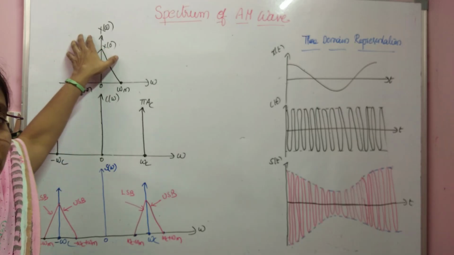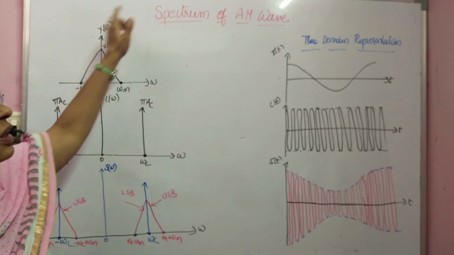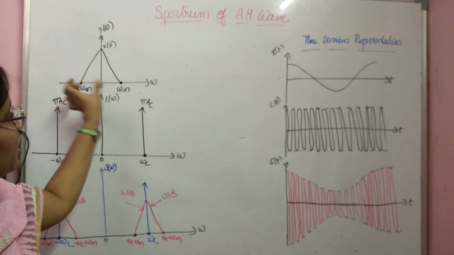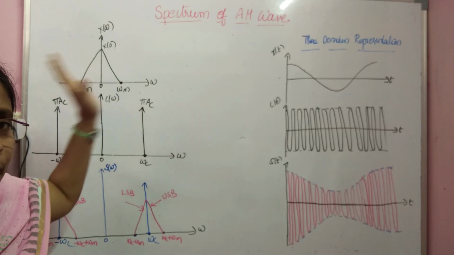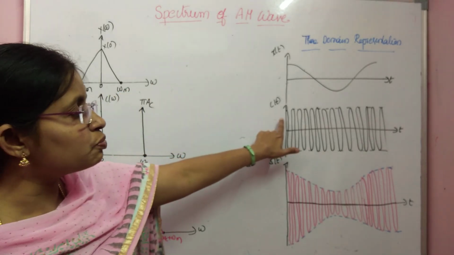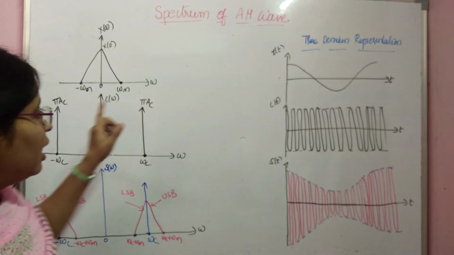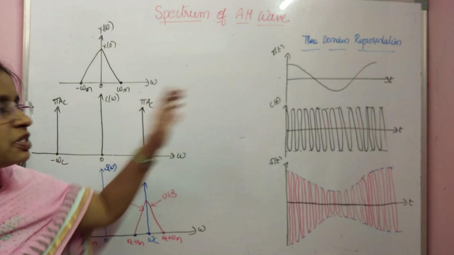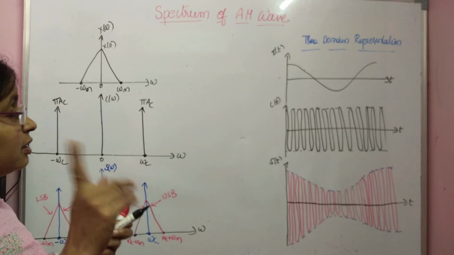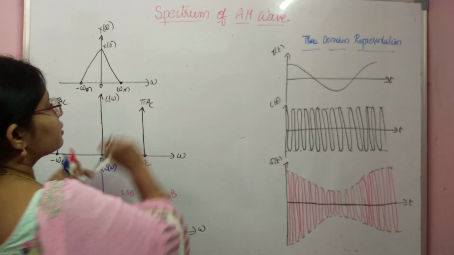So this is the Fourier transform of the message signal. And we are assuming it as a band limited signal, meaning it exists between 0 to omega m only. And this is C of omega, which is the Fourier transform of c of t. Okay. And I have to write that expression. What is it? S of t?